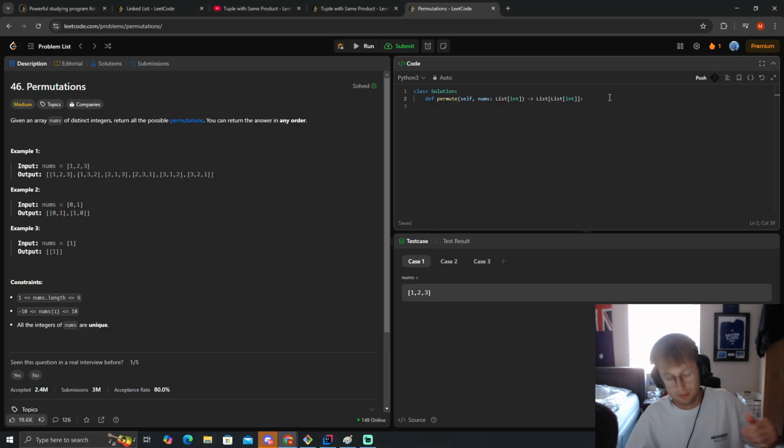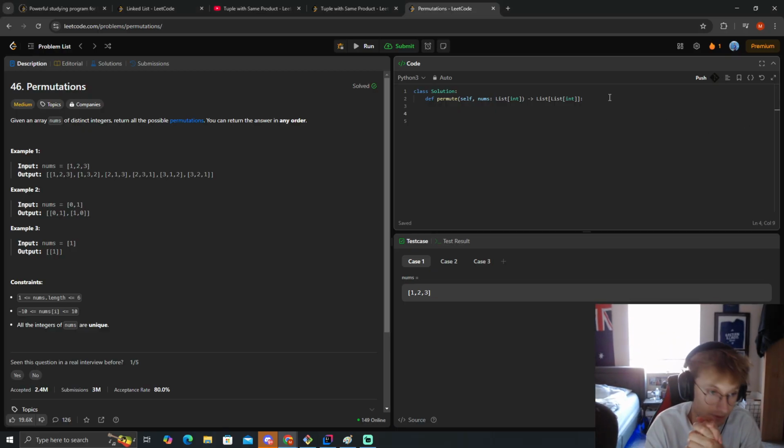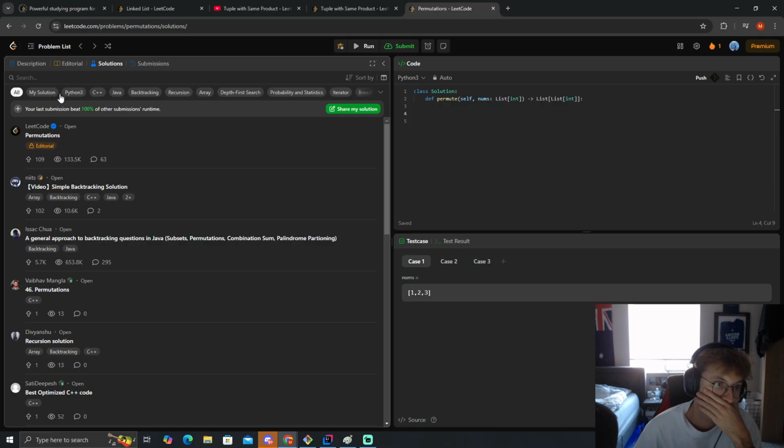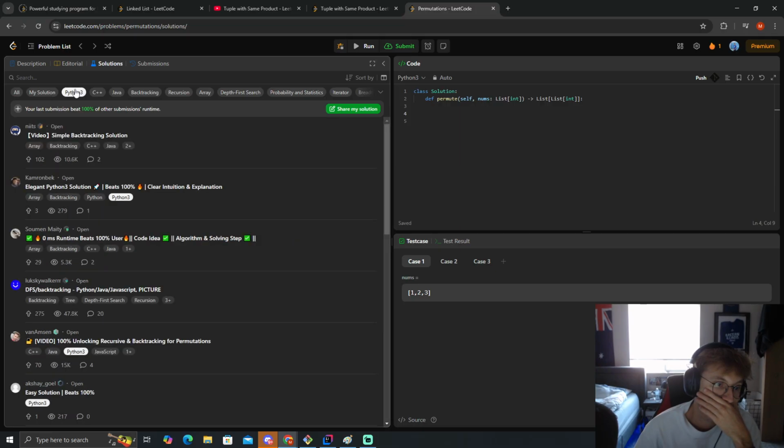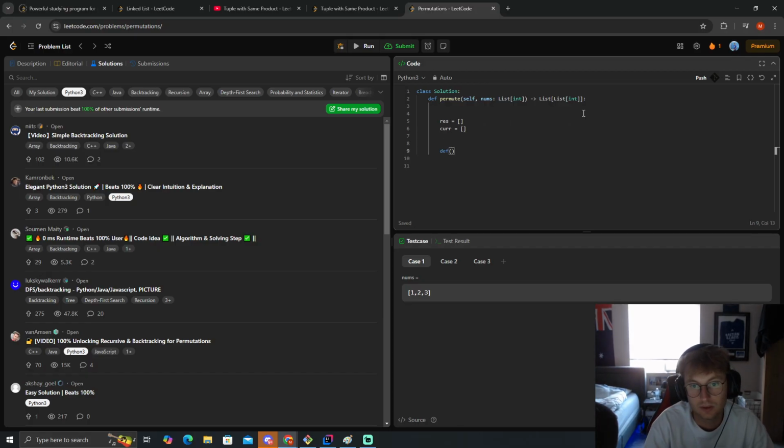You know what, let's actually do this problem, because why not? I didn't really look at the code, so let's do this. Trying to think. Res. We need, I guess, a current too, right? Def backtrack. Alright, what do we need?